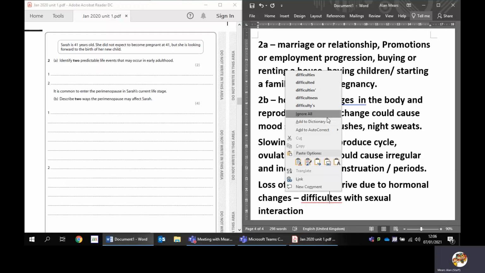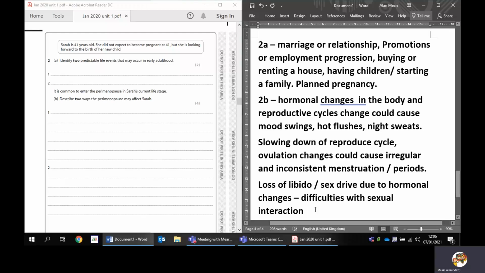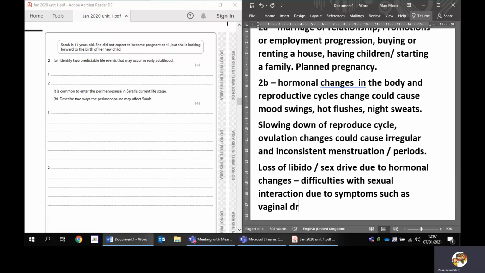So there'll be symptoms such as, forgotten how to spell, symptoms such as vaginal dryness.